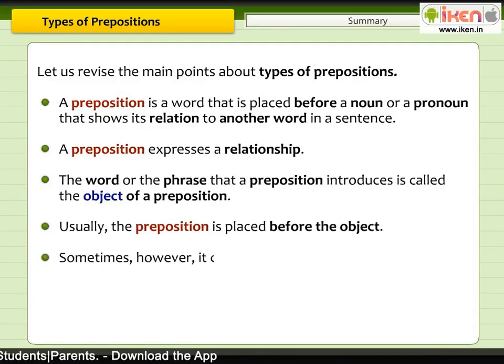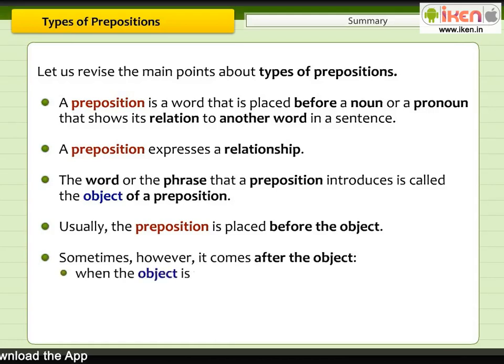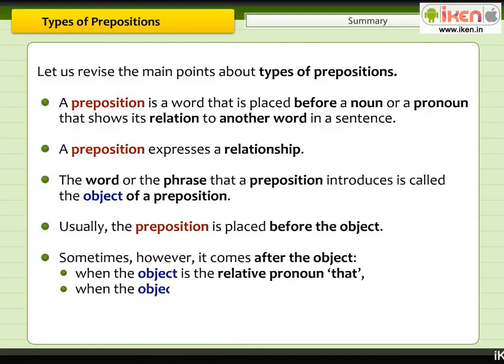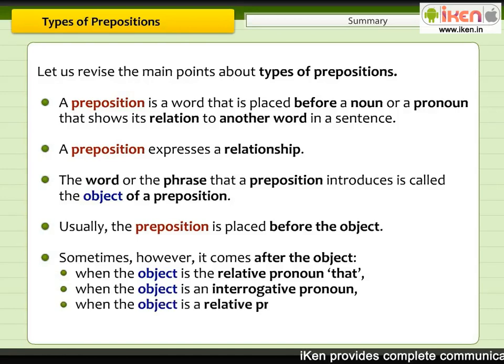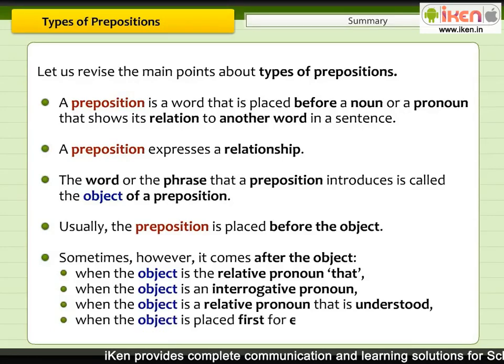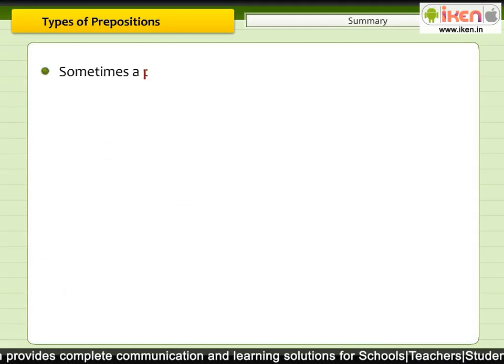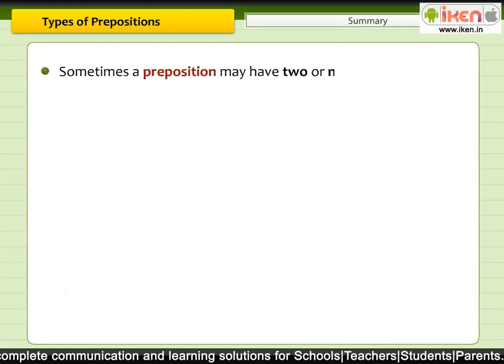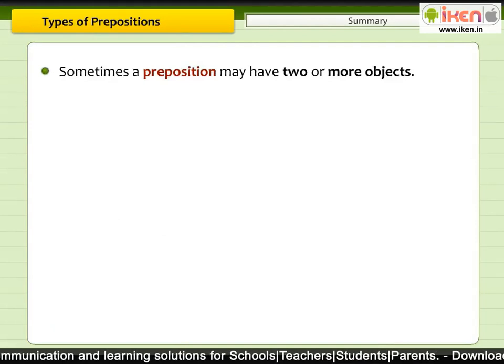Sometimes, however, it comes after the object, when the object is the relative pronoun that. When the object is an interrogative pronoun. When the object is a relative pronoun that is understood. When the object is placed first for emphasis. Sometimes a preposition may have two or more objects.